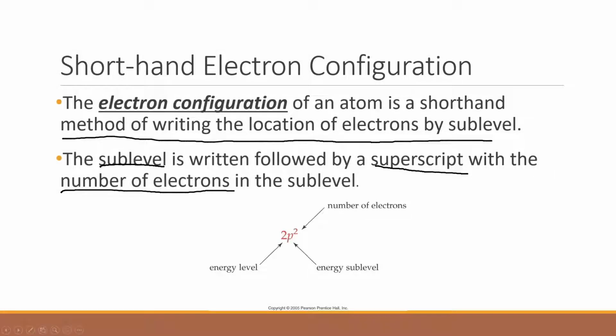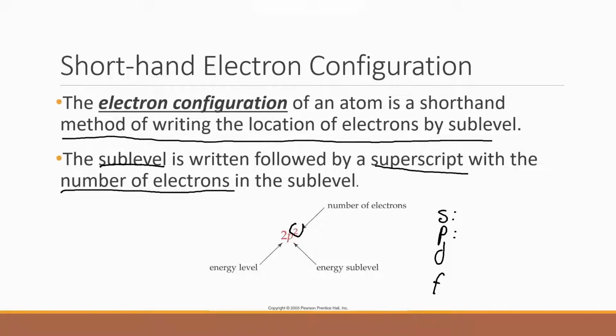So if I wanted to look at an example, this would be a perfect one. So here we can see that our energy level for our sublevel is the second one. The sublevel that we're working with is P. This can be either S, P, D, or F. It really doesn't matter. And then we have a superscript showing the amount of electrons in said sublevel. Remember that there is a maximum for each one.